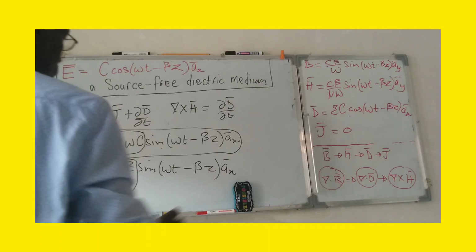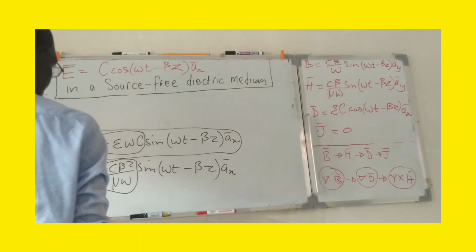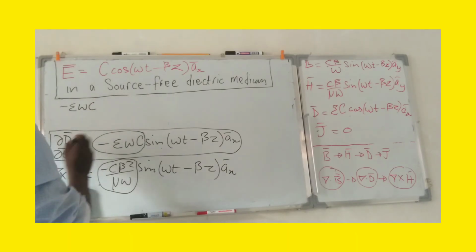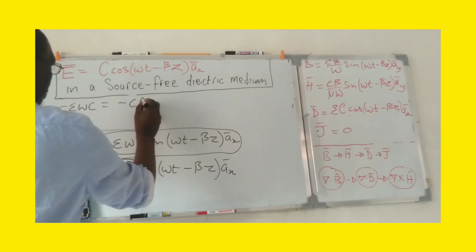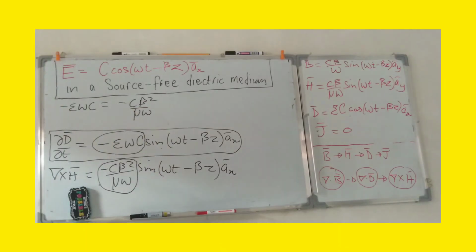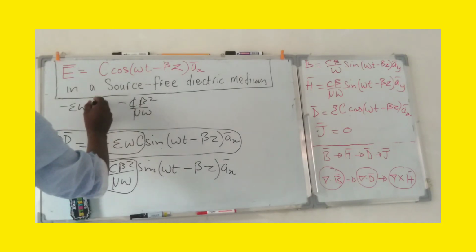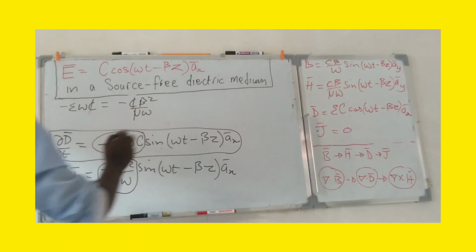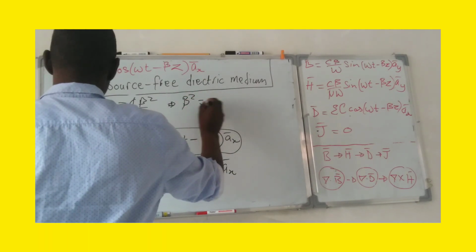So we can safely write that minus epsilon omega C is equal to minus C beta squared over mu omega. The minus signs obviously cancel out, don't they? And the C here cancels with the C there.